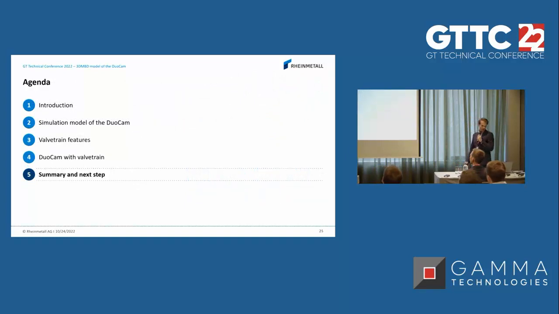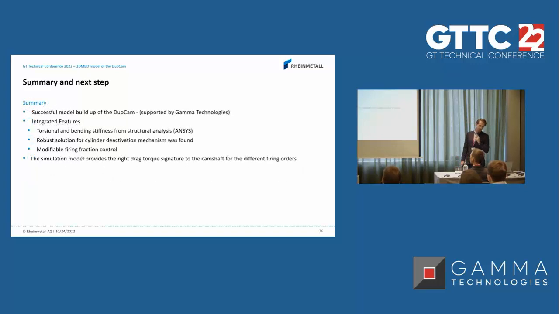Finally, I would like to present chapter 5, the summary and the next step. We successfully built up the model in GT. We got great support by GT as well, and we integrated further features like the torsional and bending stiffness from the ANSYS analyses.